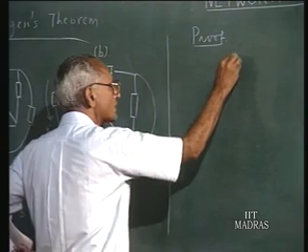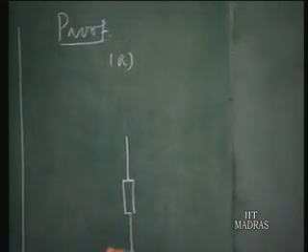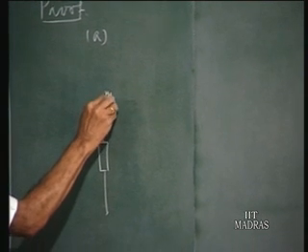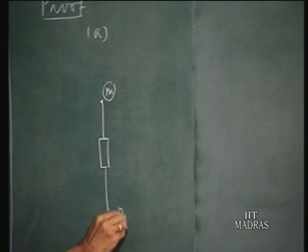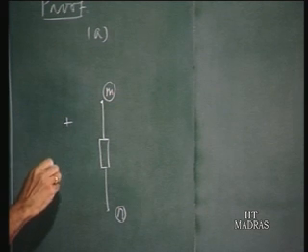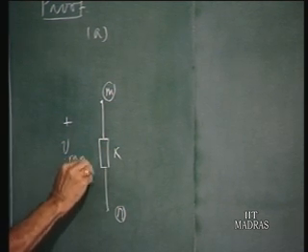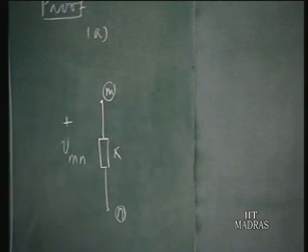Suppose in the A network you have the kth element like this, and let us say the nodes of the kth element are m and n. So you have the kth element, and the voltage Vmn in the A network, and let us take the B network.